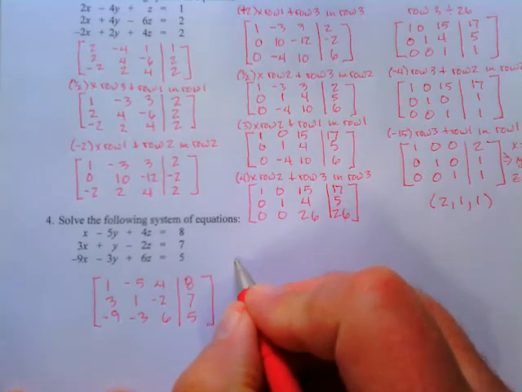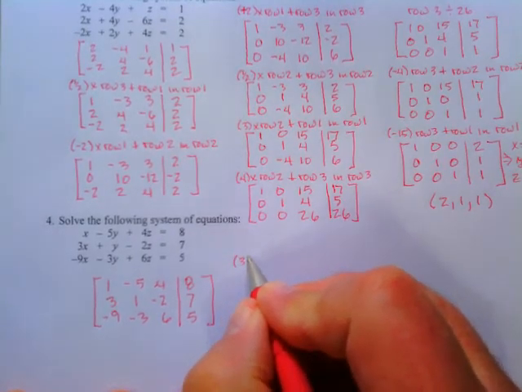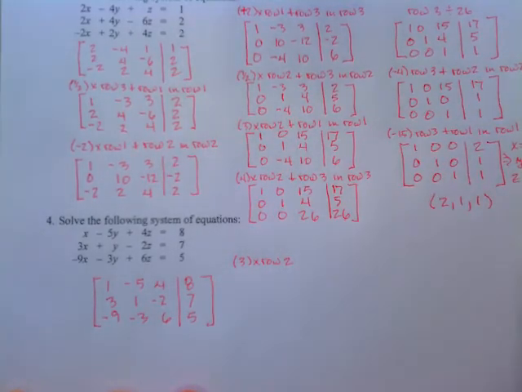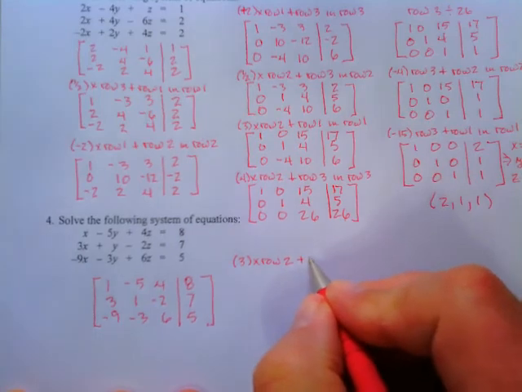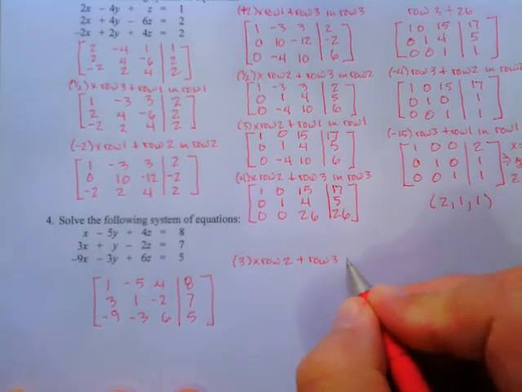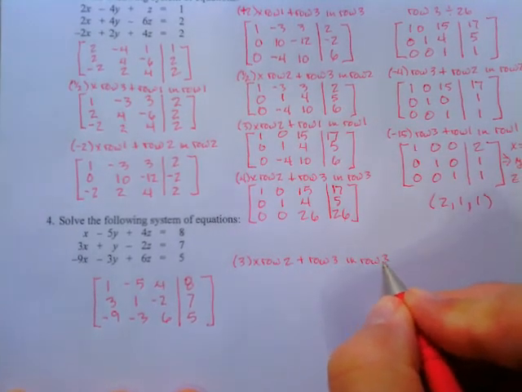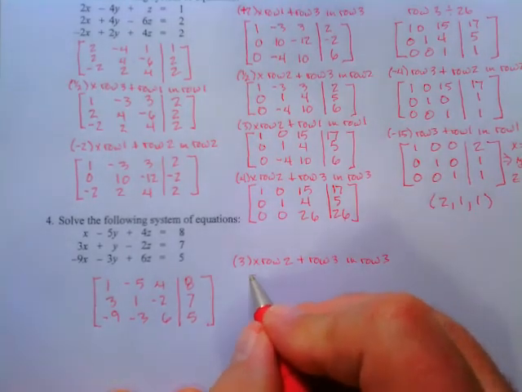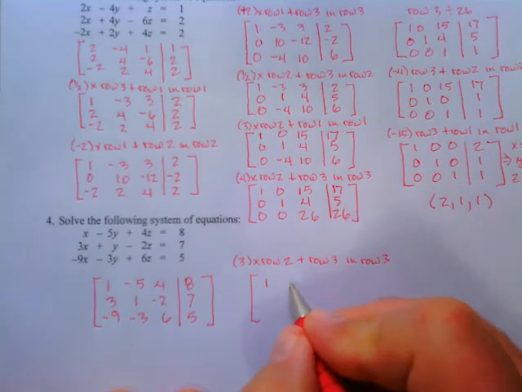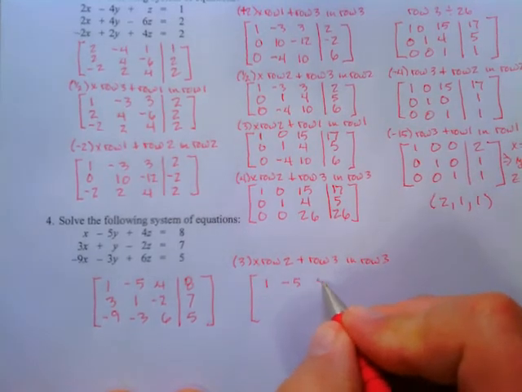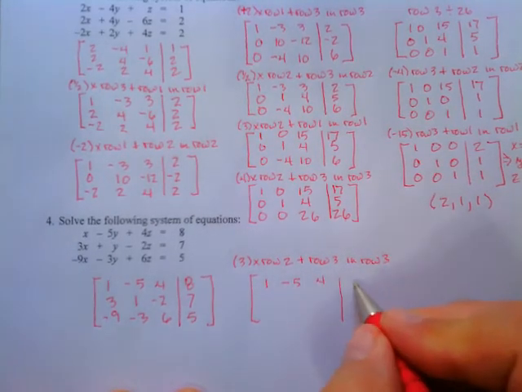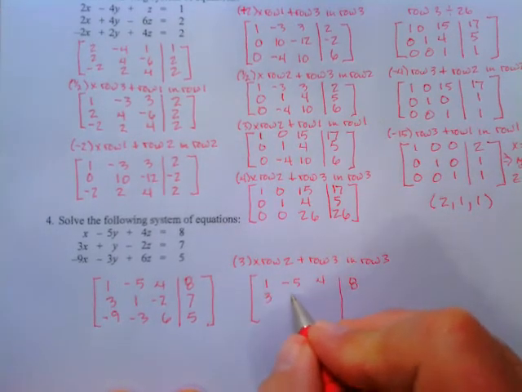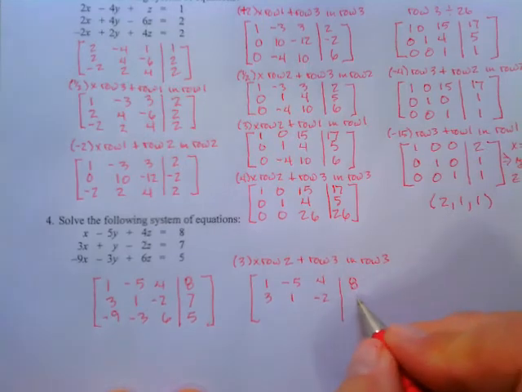If I take 3 times row 2, and then add it to row 3, and put that in row 3, I'll have this result. So I'm not changing row 1 at all. Not changing row 2.